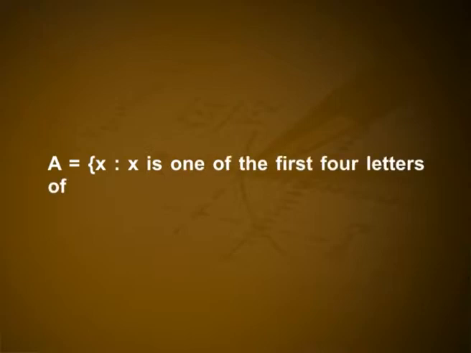The set A = {a, b, c, d} can be represented in the rule method as A = {x : x is one of the first 4 letters of the English alphabet}. Usually, the roster method is convenient to represent a set with few elements and the rule method to represent a set with a large number of elements.